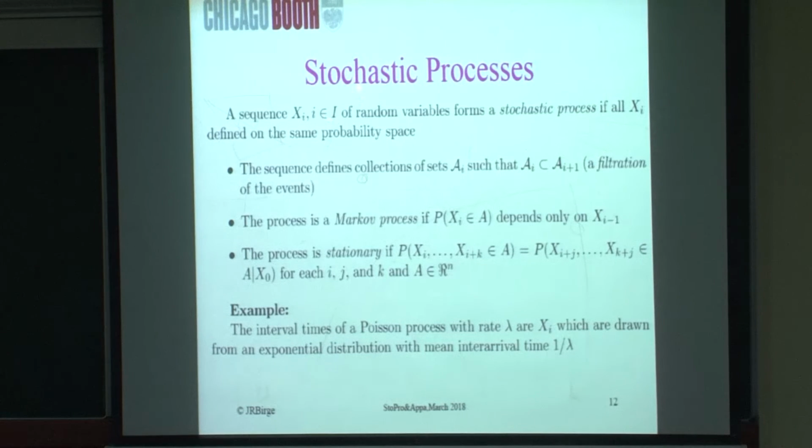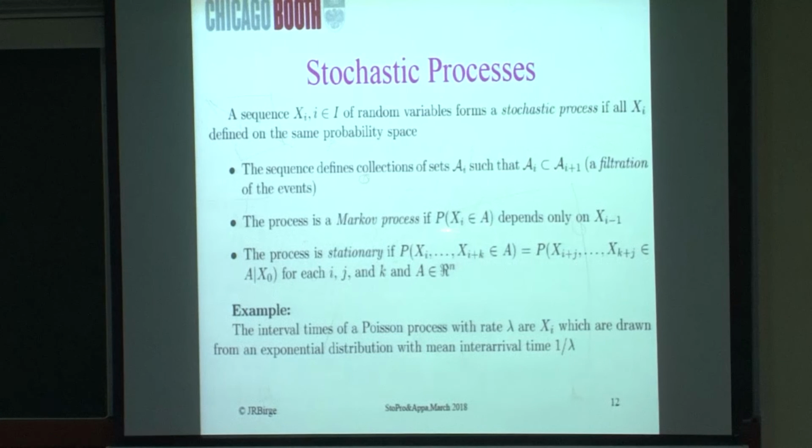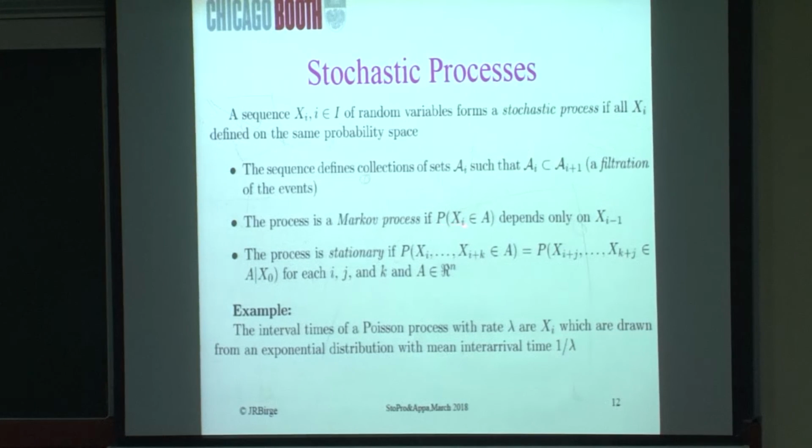Okay, so particular stochastic processes that are of note: things that are Markov, where the probability that any of these random variables would be within a given set would only vary with the previous observation.